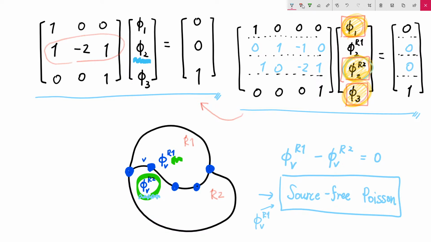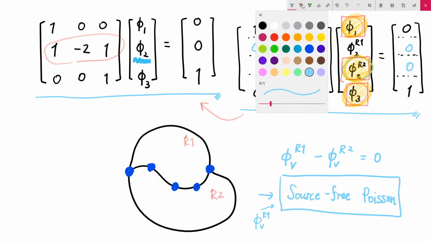Nothing like this. That is our approach. Then I think that most of you can understand this one quite well. But the point is, think about this construction of the source-free Poisson equation. So please concentrate from now on.